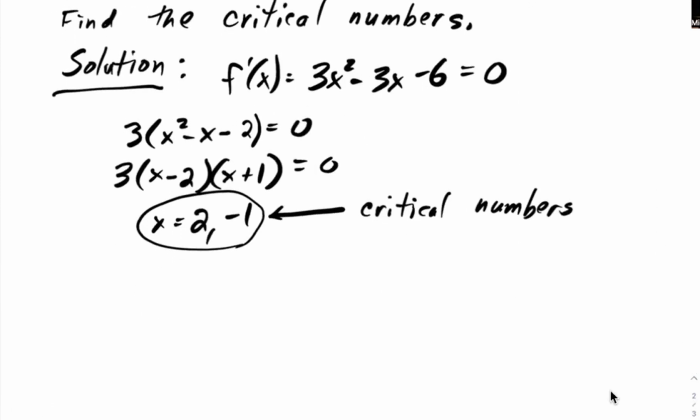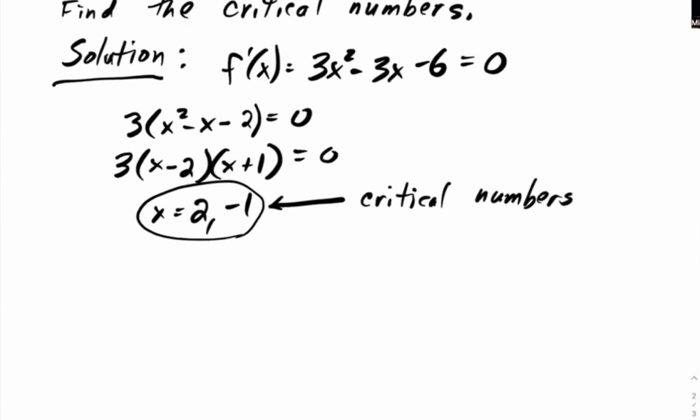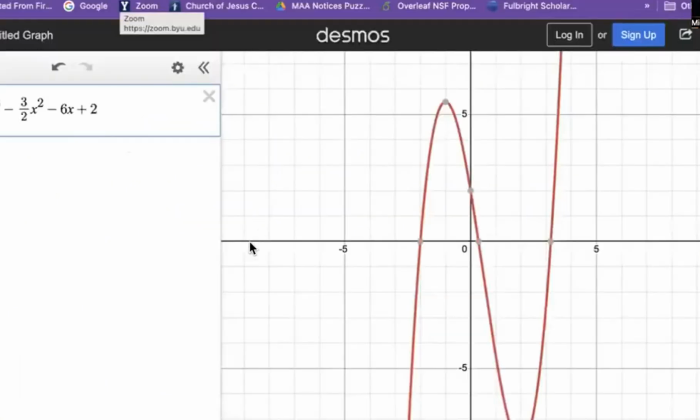And let's look at a graph on Desmos for this. So let's see, pull this up. Okay, here we are on Desmos, and I'm looking at the function that we have, x cubed minus 3/2 x squared minus 6x plus 2, the function I started with. And here's the graph of that function.